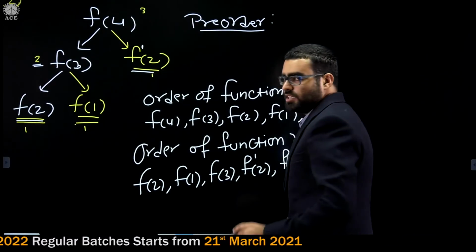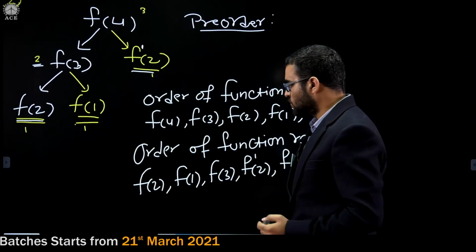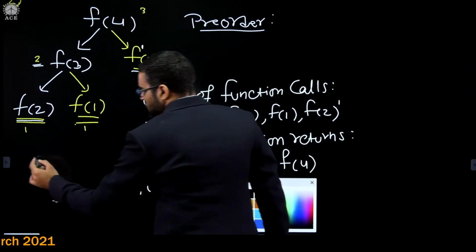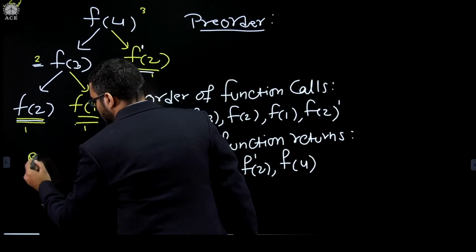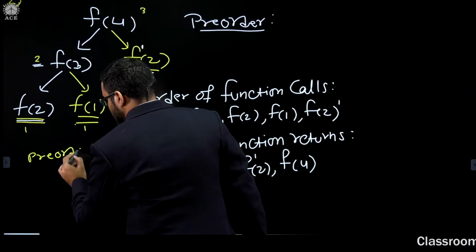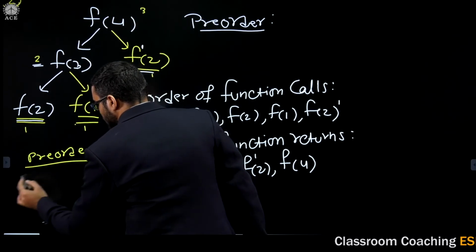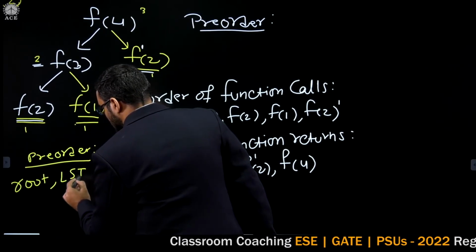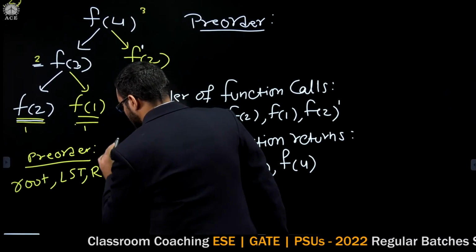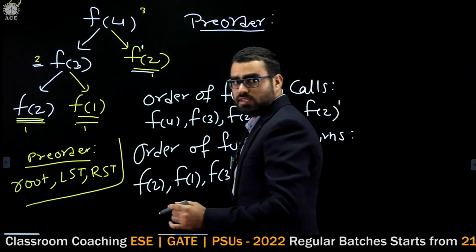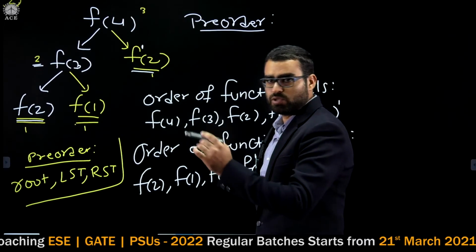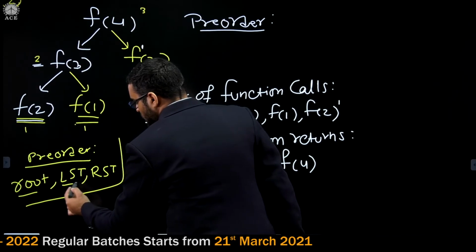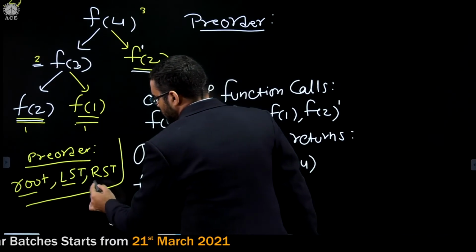In the pre-order traversal of any tree, we first write the root node, then we go to the left subtree, and then we go to the right subtree.